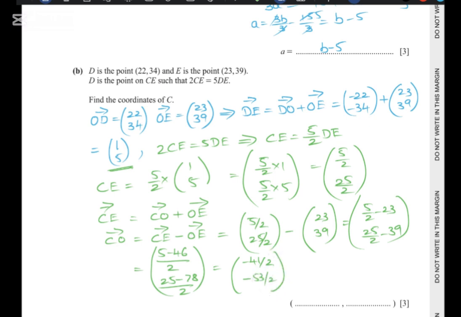This is CO. Now OC will be just change the signs, 41 by 2, 53 by 2. So that is OC. That means the coordinates of C will be (41 by 2, 53 by 2).